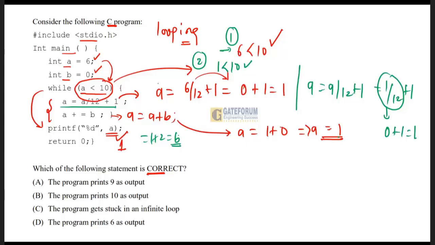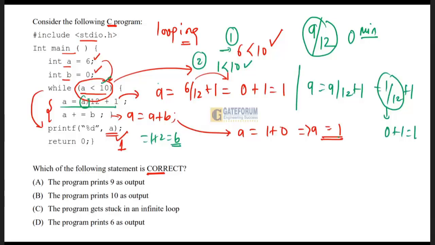If you look here, every time the value of a is updated, and whatever value of a there is, if we divide it by 12 in integer form, the minimum value we may get is 0. It means that this while loop is not going to become false at any particular point of time.